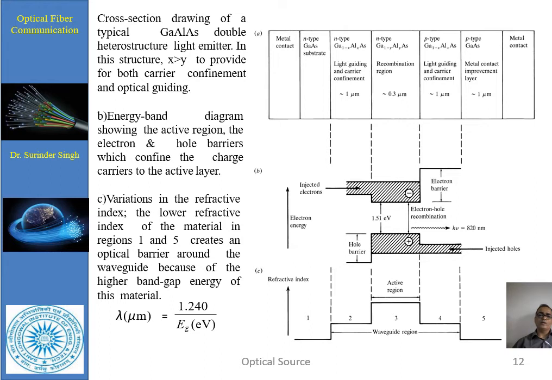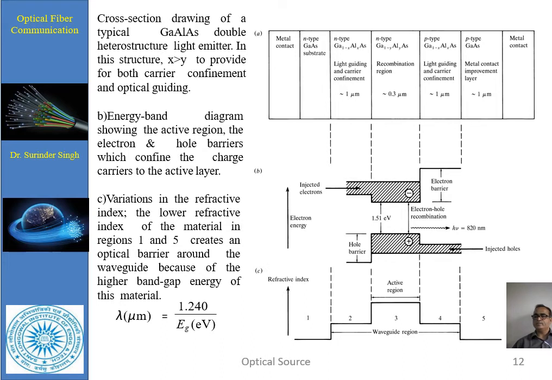Now if we want to calculate the wavelength for this source, depending upon the bandgap energy in electron volts, we divide 1.240 by that energy, and the source emission wavelength can be calculated quite easily. So this dual confinement leads to both high efficiency and high radiance.